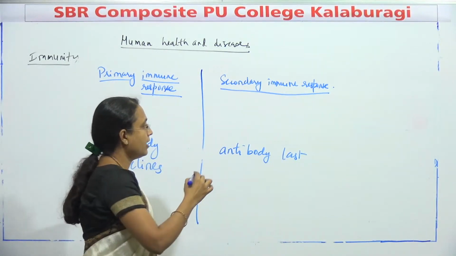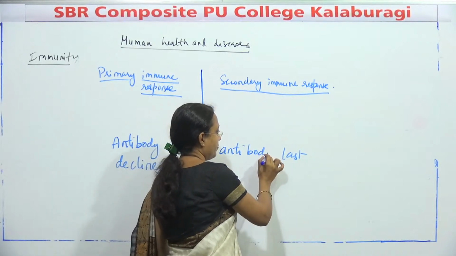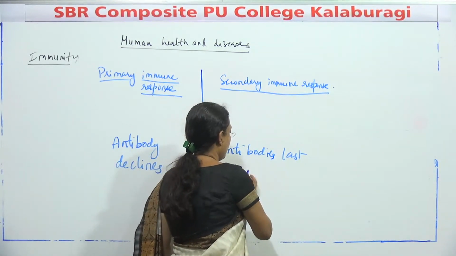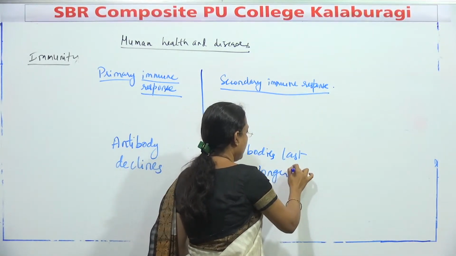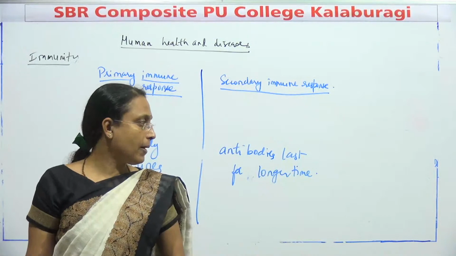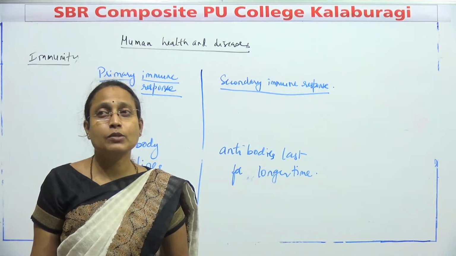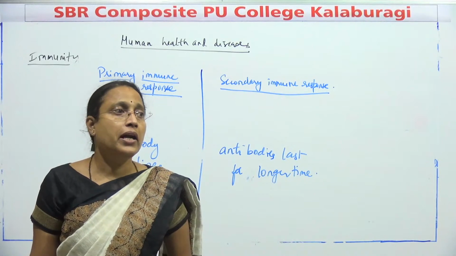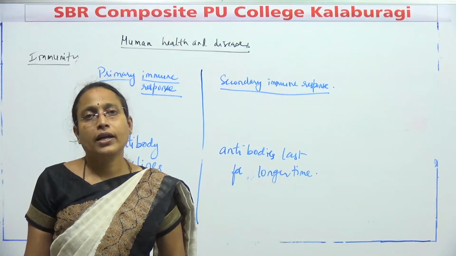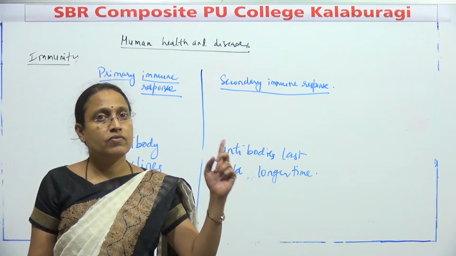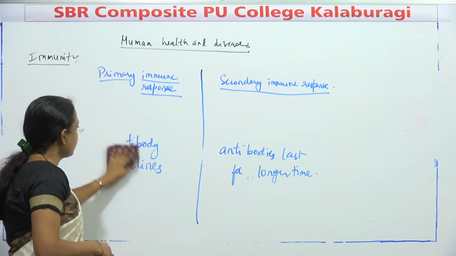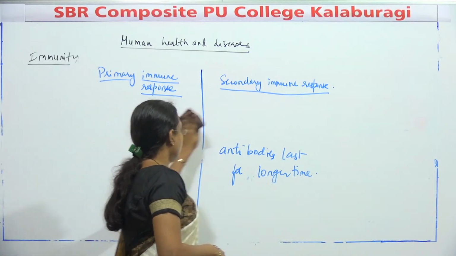Antibody declines. Here antibodies last for longer time. So say if it declines within a few days in primary response, the antibodies produced in secondary response can last for a few months also. It means that even for a longer time, the antibodies keep patrolling in order to protect our body against that pathogen which has been encountered for the first time. So this is again another difference between them.